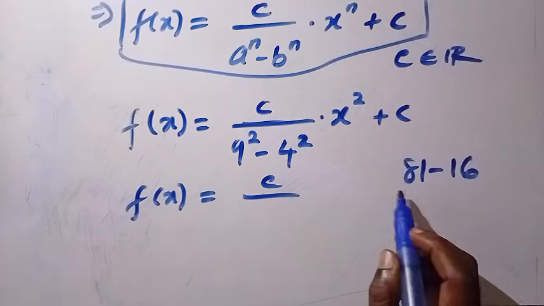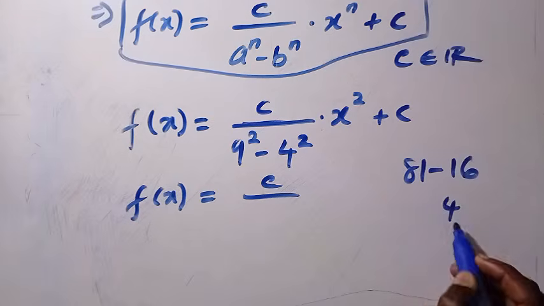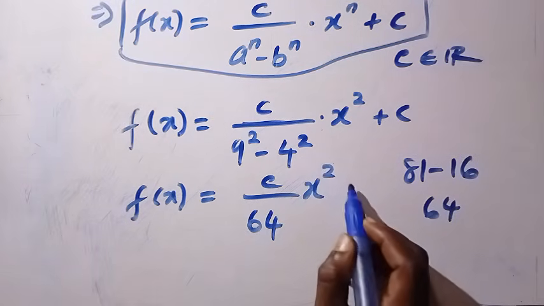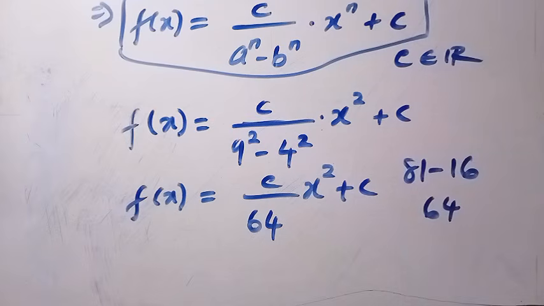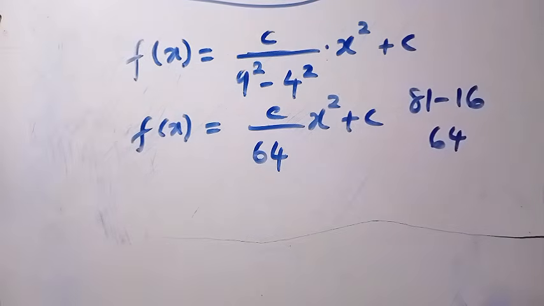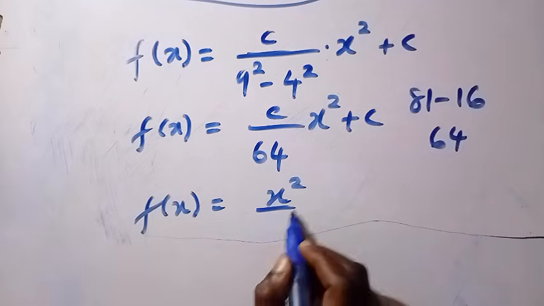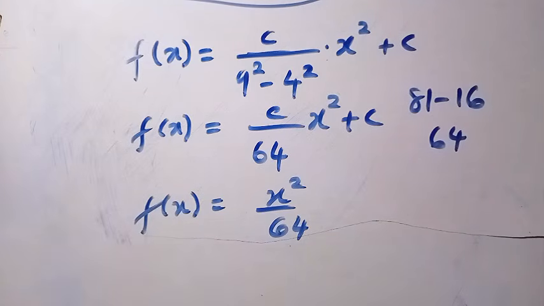By subtracting this, we have 64, then x raised to the power 2 plus a constant. You can actually leave the answer like this, and if you prefer, we can have it as f of x equals simply x squared divided by 64. So this is how to play around this problem, and we can still have some special cases.